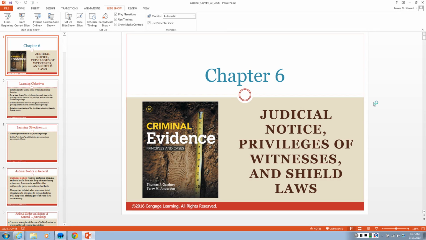There are some states that have enacted shield laws that would prohibit the previous sexual history of that victim from being brought up in a new case that's unrelated to that previous sexual history. So it protects that victim in that particular case, but it kind of throws a monkey wrench in the defense as well.